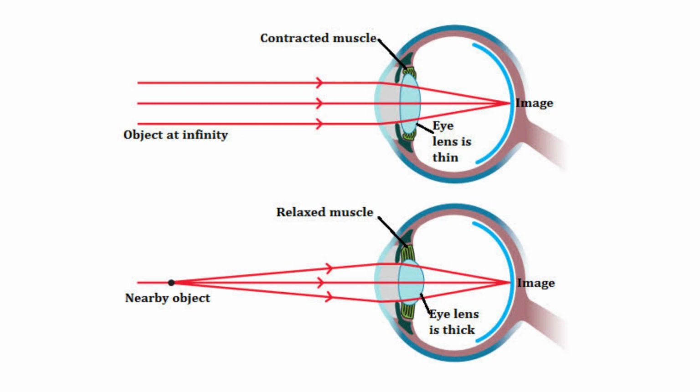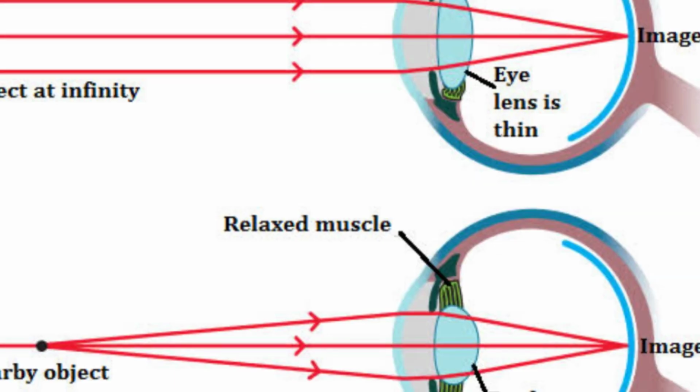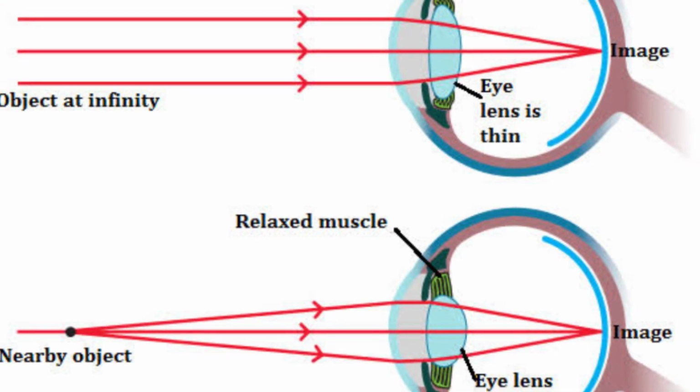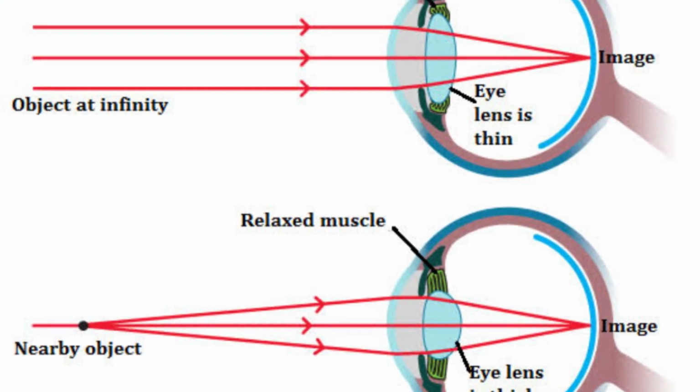See here, there are two different lenses. In the above diagram the eye lens is thin, and in the below diagram the eye lens is thick. So this is the shape of the eye lens. In one the radius of curvature is larger and in the other it is smaller. When the lens is thin, we can observe objects at infinity.